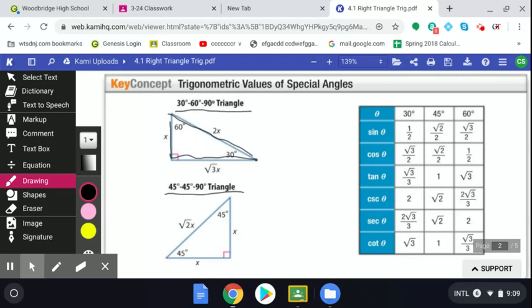In a 45, 45, 90, the two legs are the same, so they're both x. The hypotenuse is always the short leg times the square root of 2.